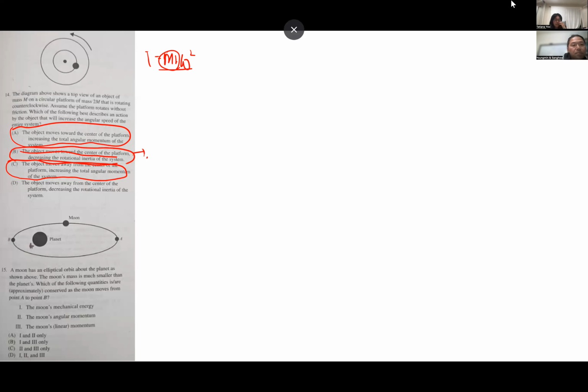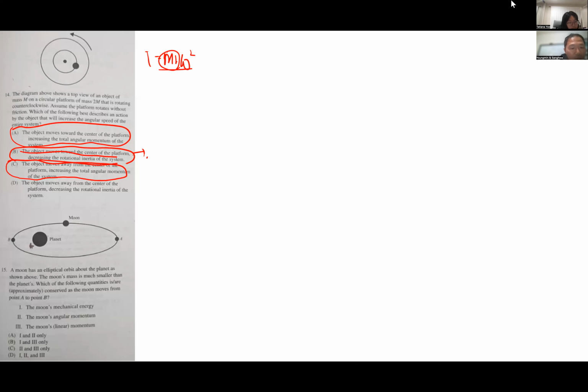Okay. And number 15, a moon has an elliptical orbit about the planet as shown above. The moon's mass is much smaller than the planet's. Which of the following quantities are approximately conserved as the moon moves from point A to point B? One, the moon's mechanical energy. Two, the moon's angular momentum.